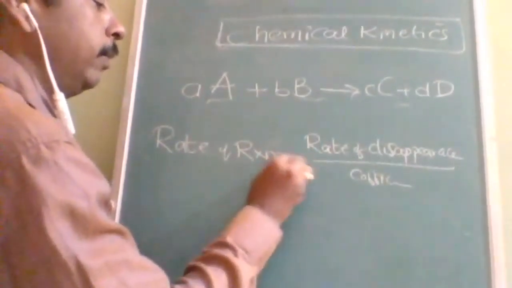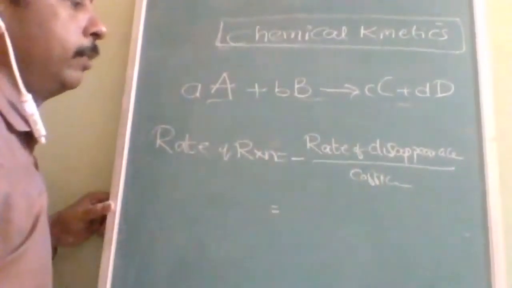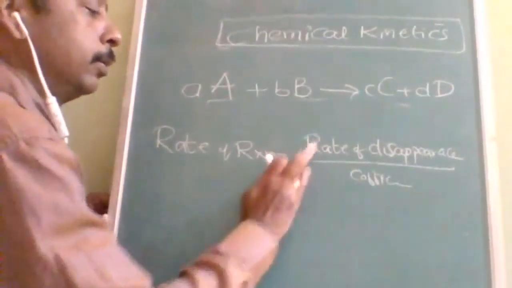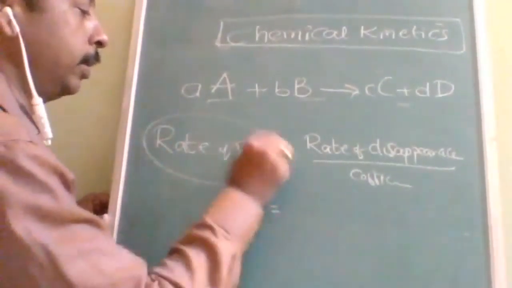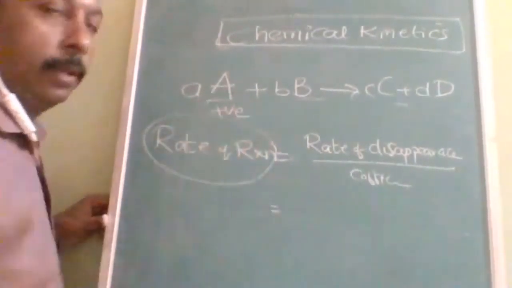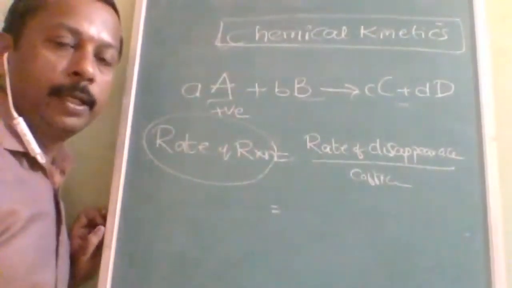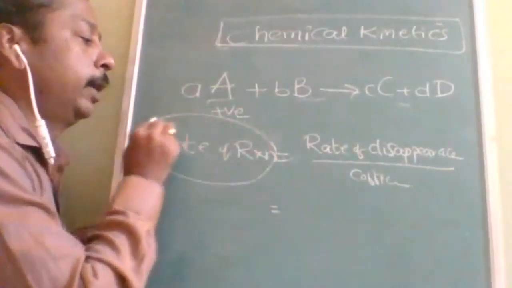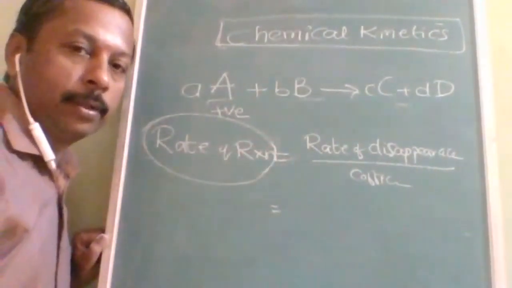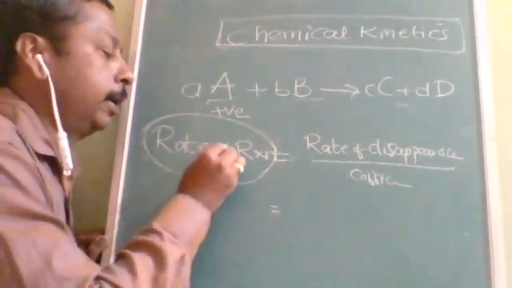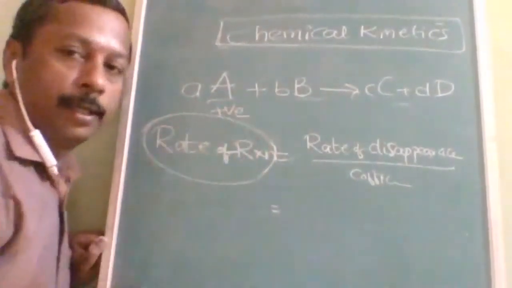Okay. And it will be minus because disappearance will include a minus, otherwise minus of minus will get cancelled. Ultimately, you should make sure that this is always positive. Rate of reaction can never be negative. Minimum it can be zero.